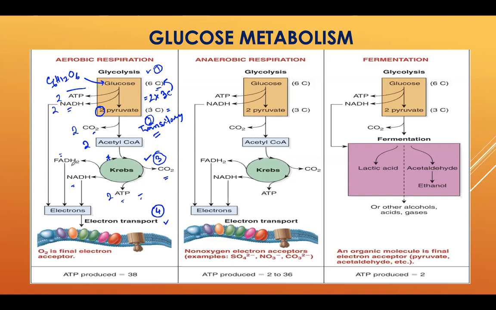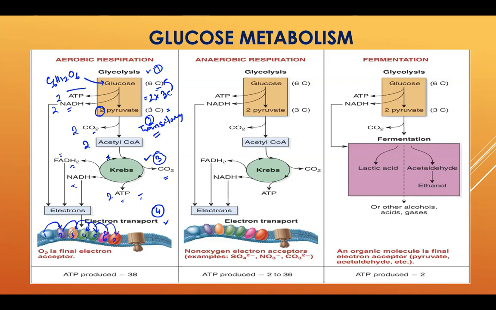So what happens? All this FADH and NADH enter an electron transport chain. Why is it a chain? Because there are 7 large protein molecules. The FADH and NADH start moving from one protein molecule to another, and they jump from one protein molecule to another.